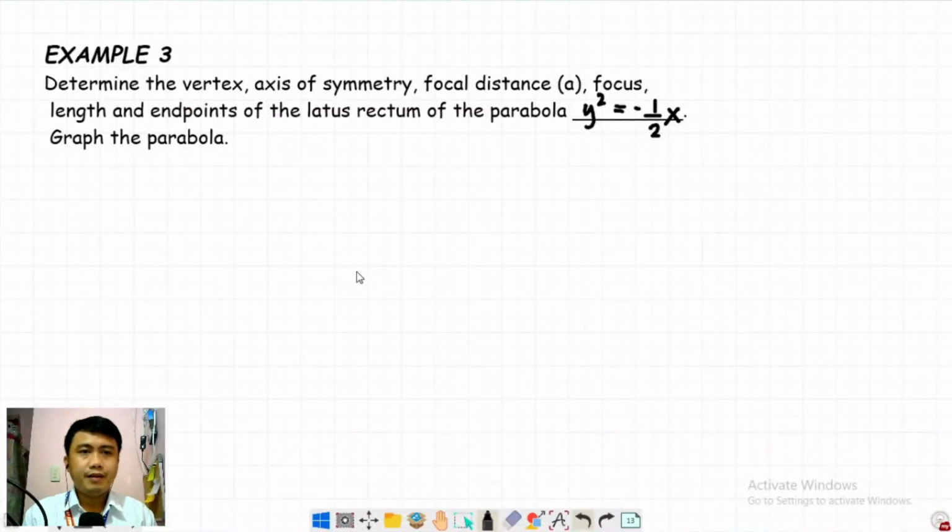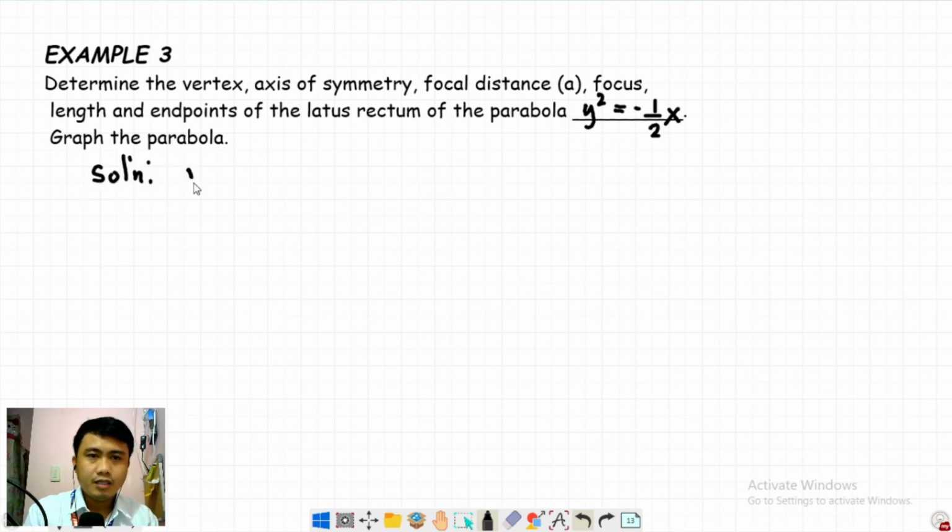Okay, example number 3. Determine the vertex, the axis of symmetry, the focal distance A, the focus, the length, and the endpoints of the latus rectum of the parabola y squared is equal to negative 1/2 x. And of course, we're going to graph the parabola. Solution: we have y squared is equal to negative 1/2 x.